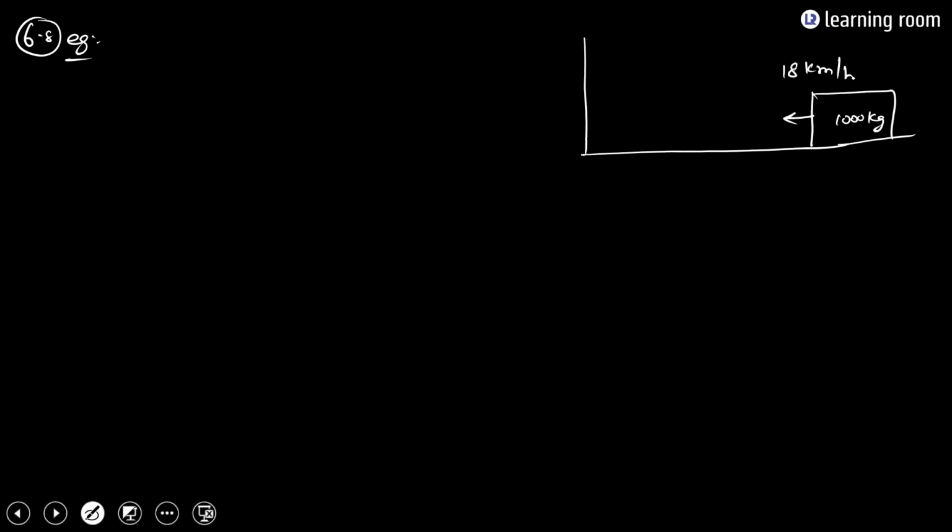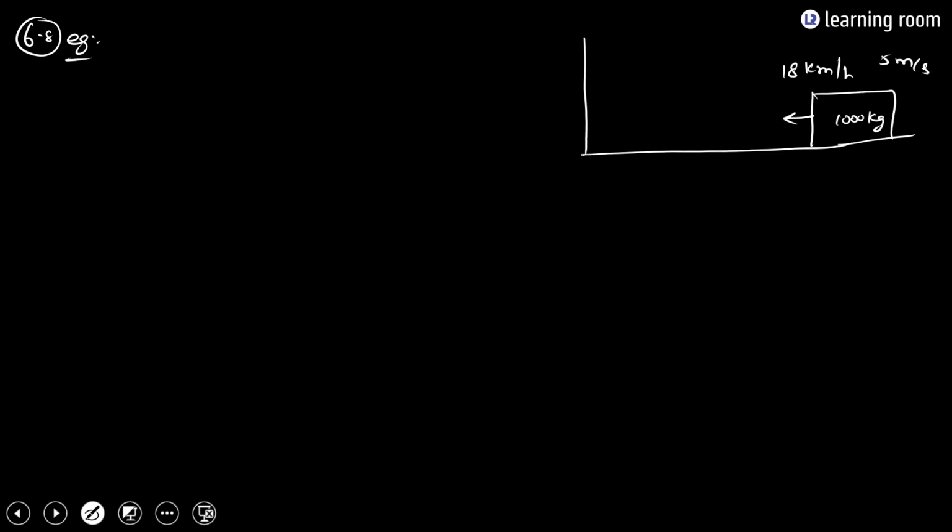To simulate car accidents, auto manufacturers study the collision of moving cars with mounted springs of different spring constants. Consider a typical simulation with a car of mass 1000 kilogram moving with a speed of 18 kilometer per hour. 18 kilometer per hour is going to be 5 meter per second.